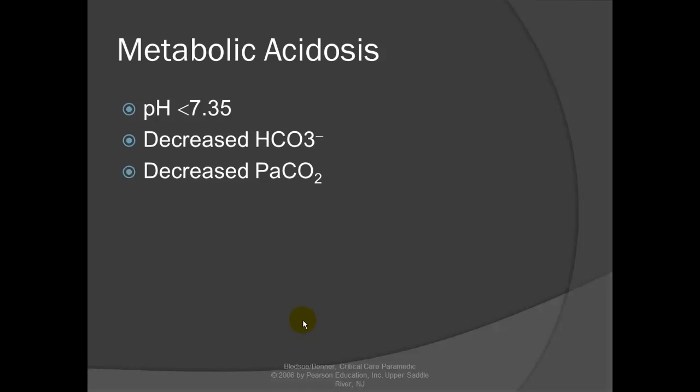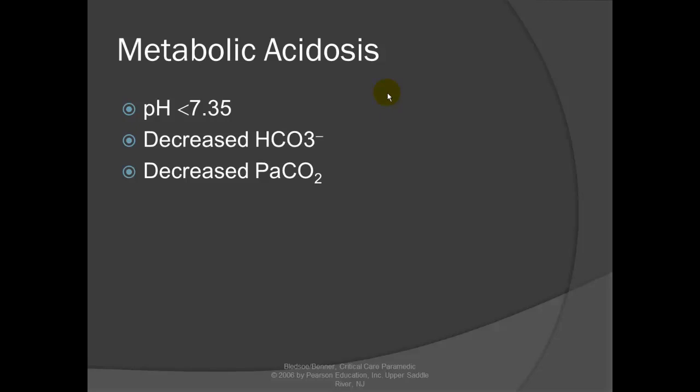Metabolic acidosis. Let's say that your patient has a long history of type 1 diabetes, and they ran out of their medicine 2 weeks ago, and whenever you get there, you see that there are dead pizza boxes everywhere and tons of beer.